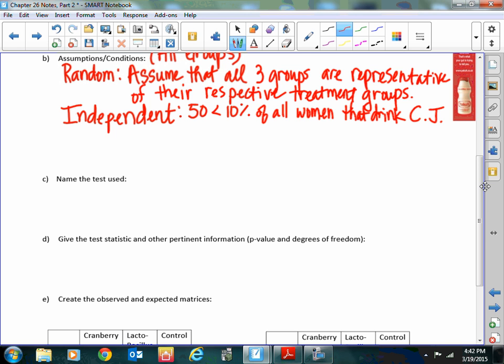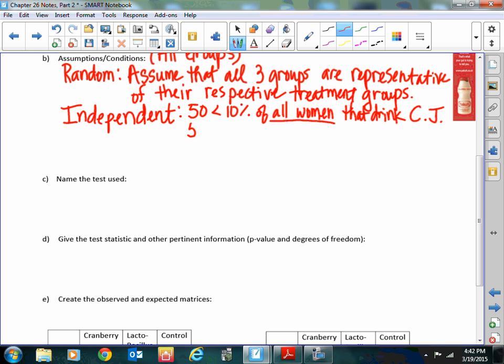Now, you understand that's the population I would be generalizing to. I would be saying, for all the women that drink cranberry juice, and then if you are a woman that drinks just the lactobacillus group, or you're a woman that would drink neither of those, then I'm making a statement about all women that consider themselves in one of those groups.